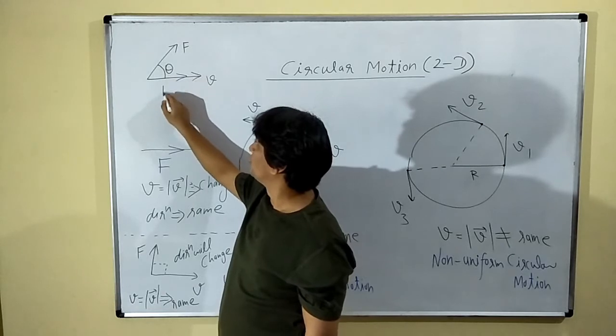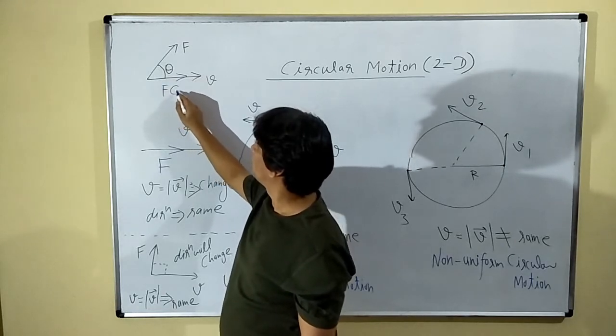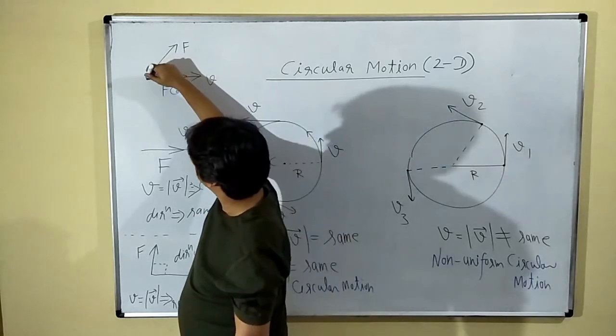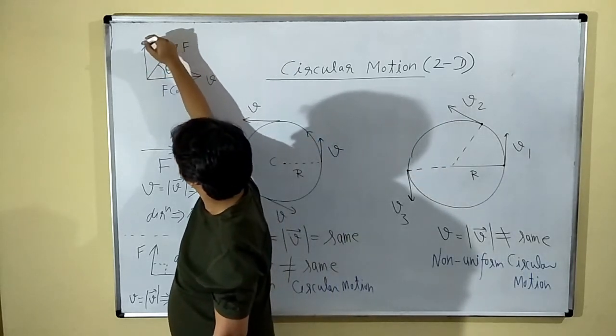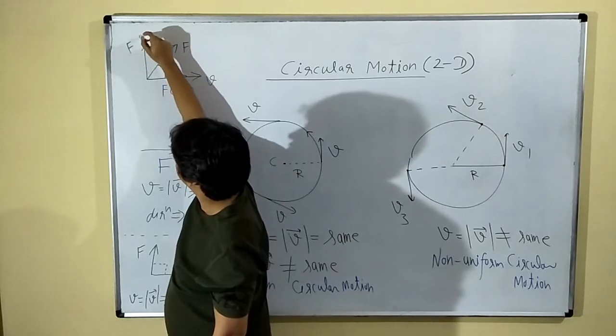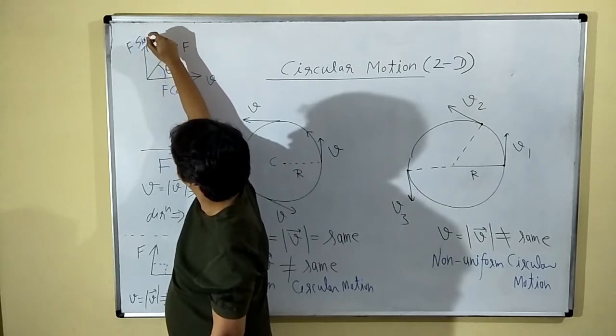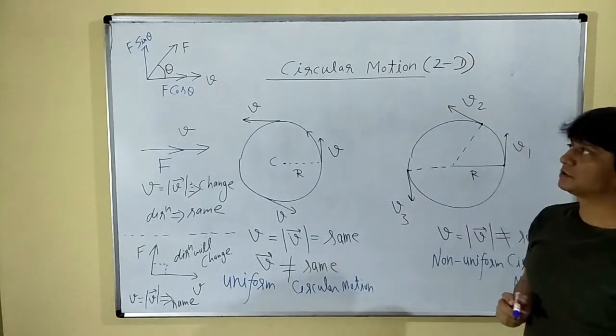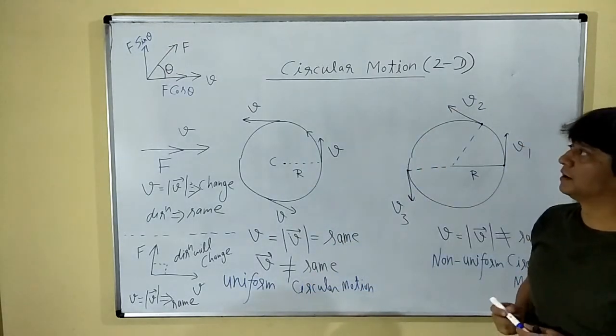This component, you know, is F cos theta, and this component is F sin theta. F cos and F sin.